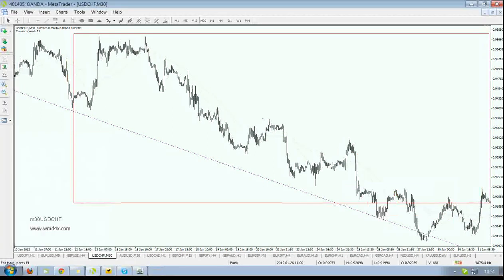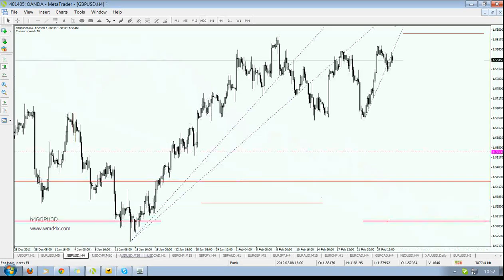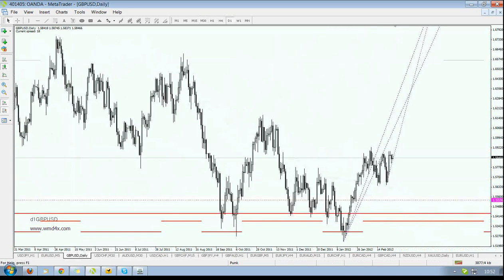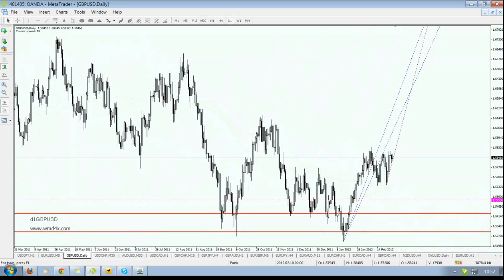What I'm going to do now is I'm going to flick charts, right? So I'm just going to go to cable, unless anyone has suggestions for another chart, and I'm going to flick over to a daily time frame, right? And just show you the exact same structure taking place here on the daily time frame, right?